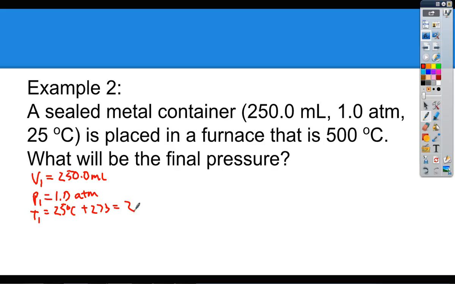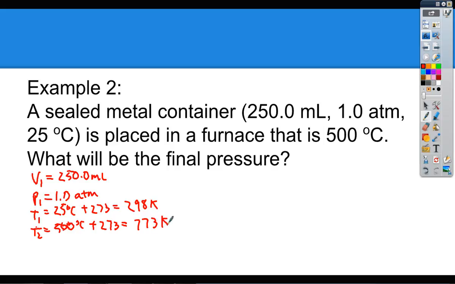That gives us 298 K. And then it's placed into a furnace at 500, so that's T2, 500 degrees Celsius. We still need to add our 273 to that, so that's 773 K. Now, what is our P2?